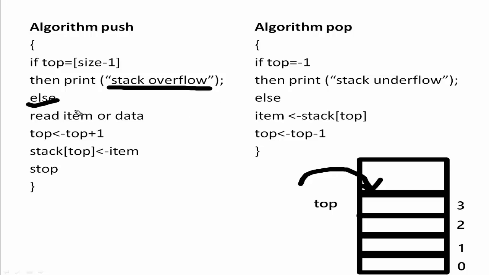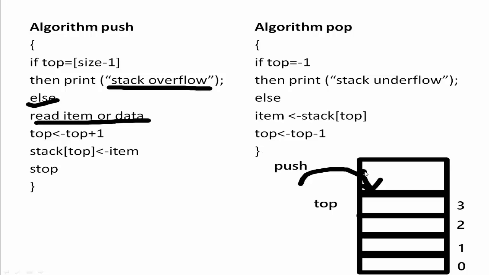Otherwise, else read the data item into the stack. So you can perform the push operation. You can push data inside the stack. So now top will be incremented. Again you can increment the top.